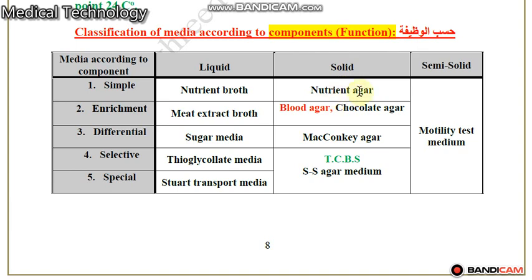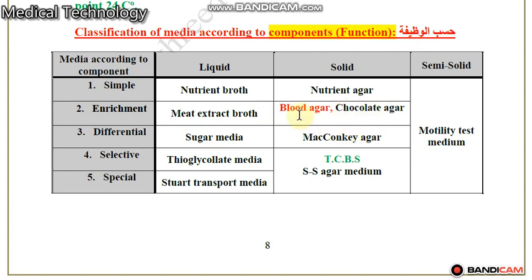Solid, like nutrient agar. So this medium is solid. Enrichment media, or enriched media, for example, meat extract broth, brain heart infusion, etc. We widely use in our laboratory blood agar and chocolate agar.